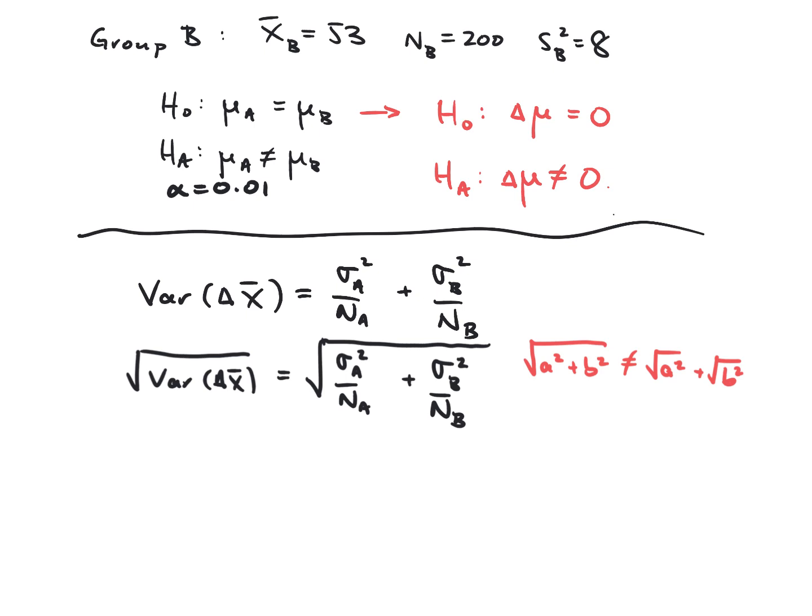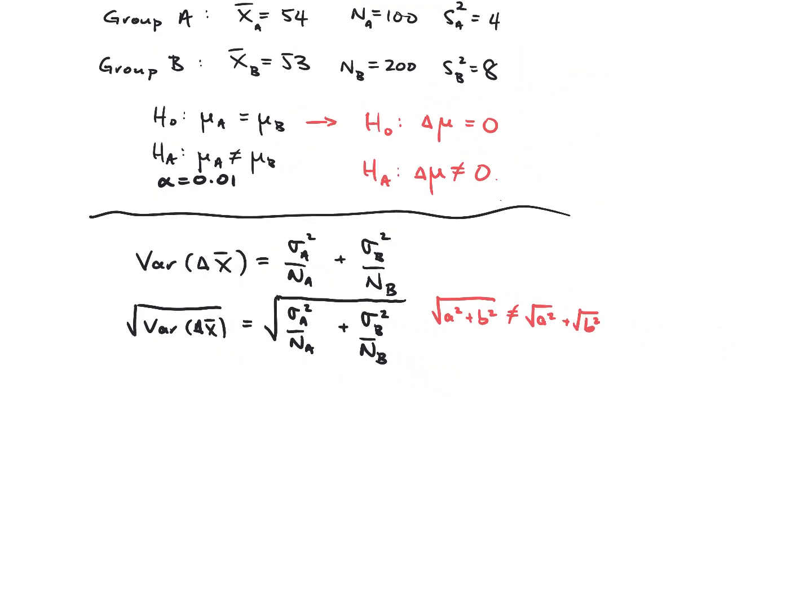Are you all clear on that? In other words, when you evaluate the standard deviation in the difference in X bars, evaluate everything under the radical together, then take the square root. Don't split it up into two different square roots. That doesn't work.